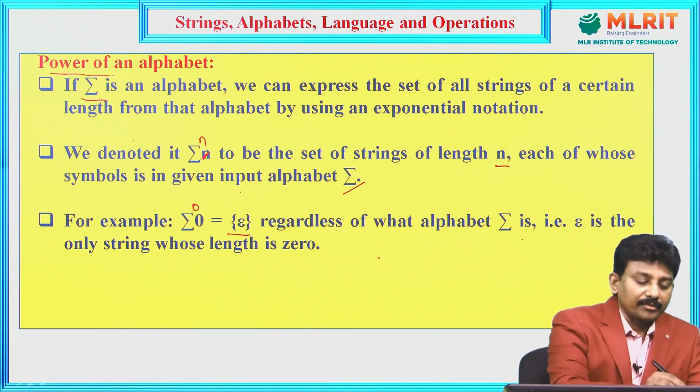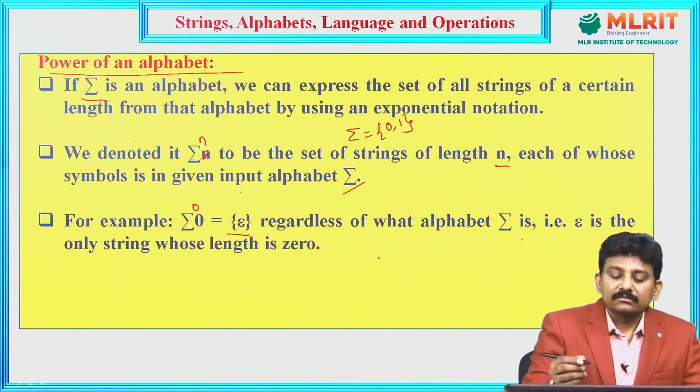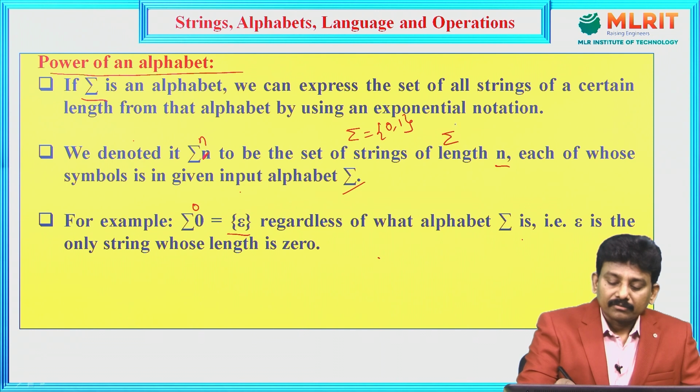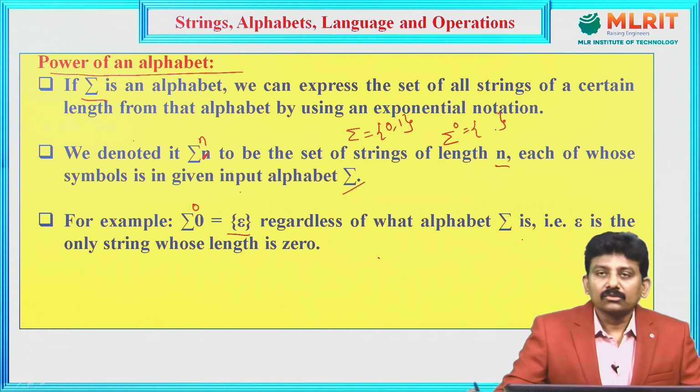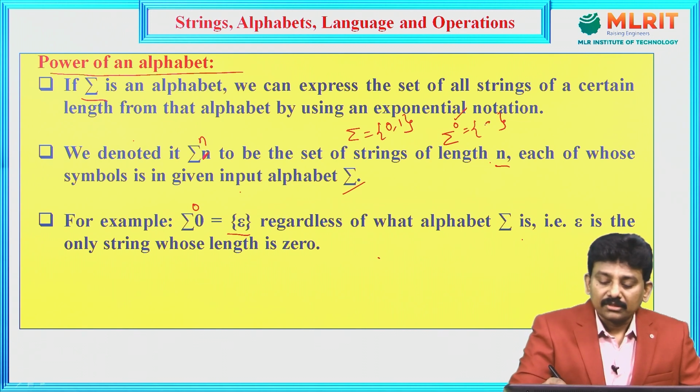Power of an alphabet. Here, for example, sigma is equal to {0, 1}, that is the input alphabet. Sigma power 0 indicates the set of strings whose length is 0. A string with length 0 is the empty string, that is epsilon.